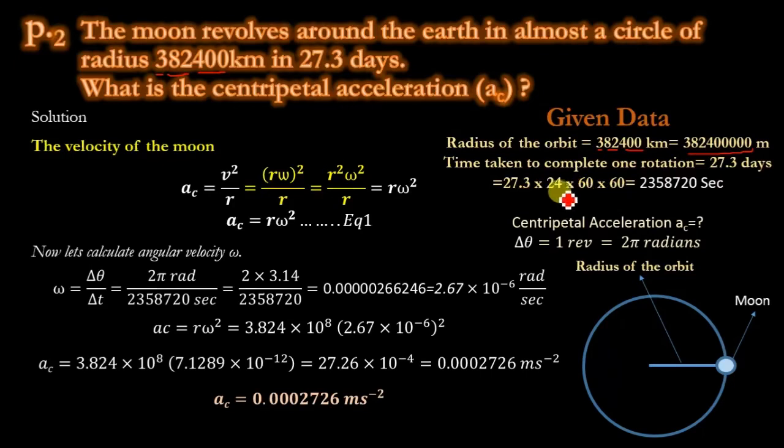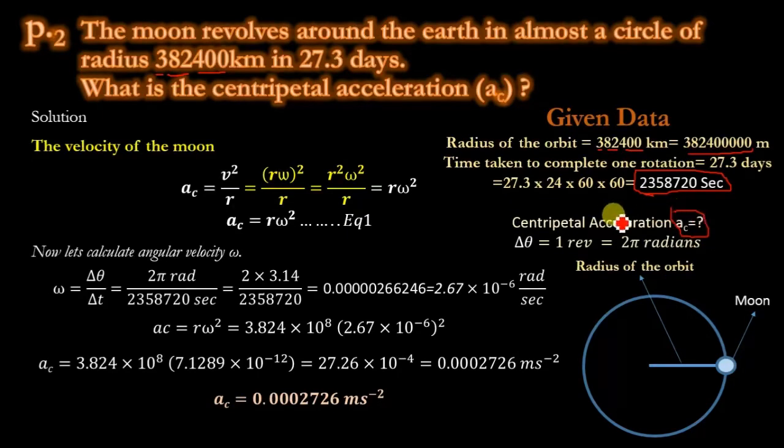Multiplying this with 24, 60 and then again 60, we will get this term, and this is equal to 27.3 days in seconds. Now the centripetal acceleration AC is unknown.